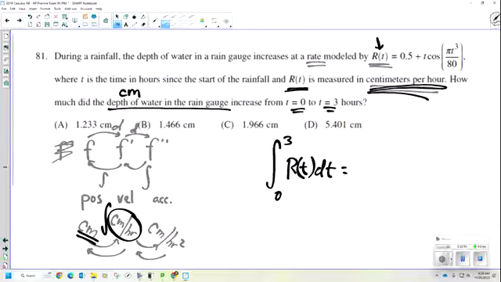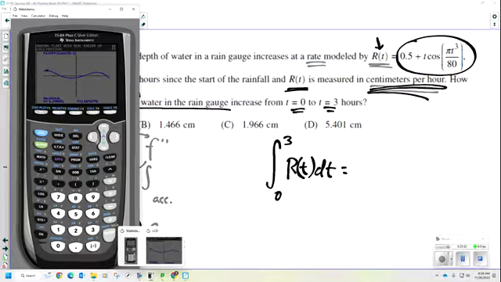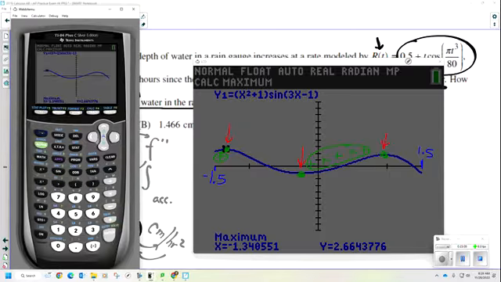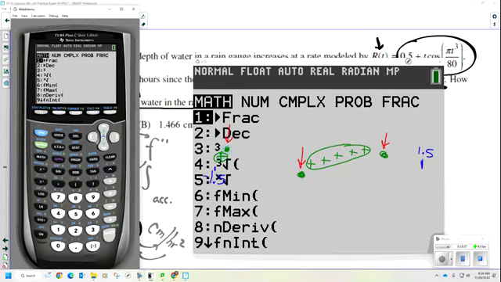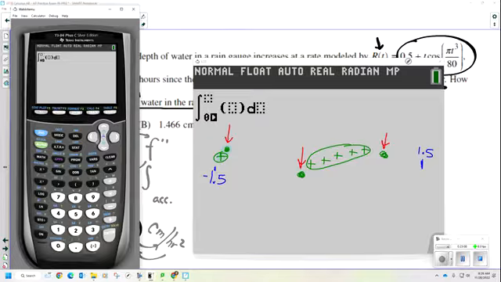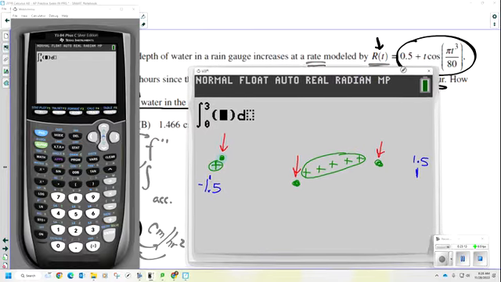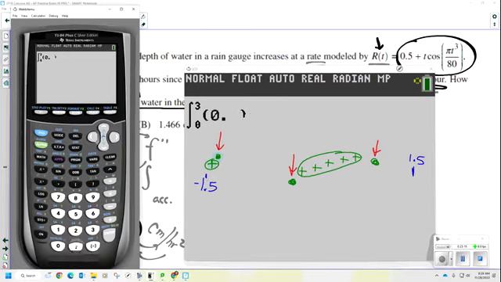I'm literally going to put that in a calculator, and this right here is going in for R of t. Let's go here. Second quit. Go math 9 from 0 to 3. We are going to put in, move this down a little bit so we can see, 0.5 plus x, because we use x in the calculator. Cosine, make sure you're in radians. Oh, they have a fraction, so I am going to use the fraction function.